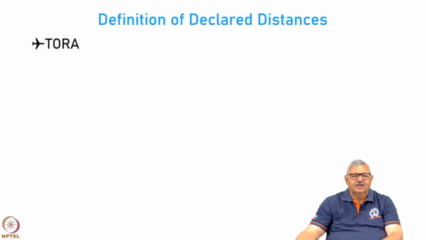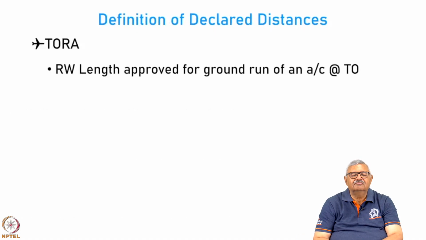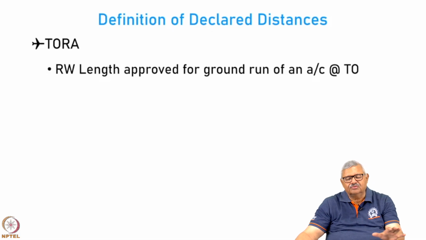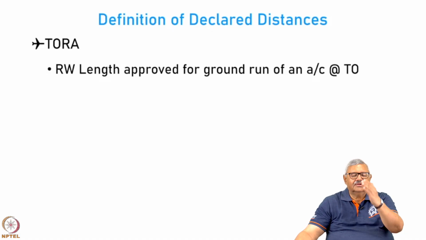How are they defined? TORA is defined as the runway length which is approved for the ground run of the aircraft at takeoff. So, during the takeoff, the TORA is the pavement which is required to take the loads of the aircraft as it rolls and as it lifts off.